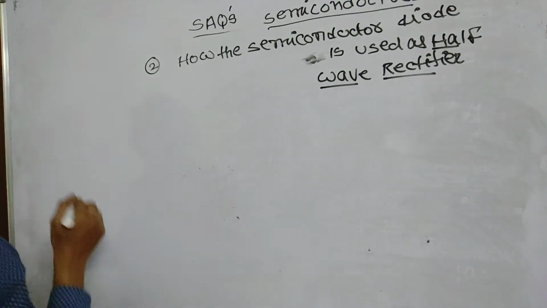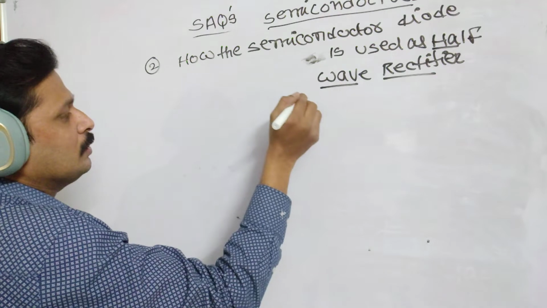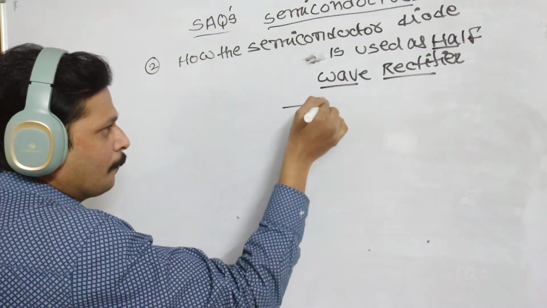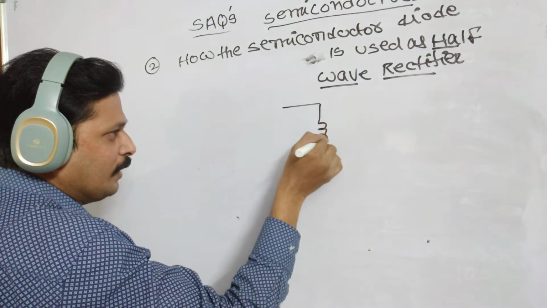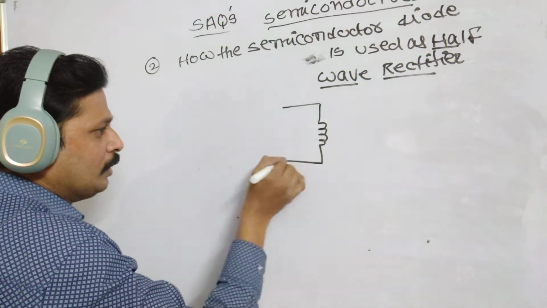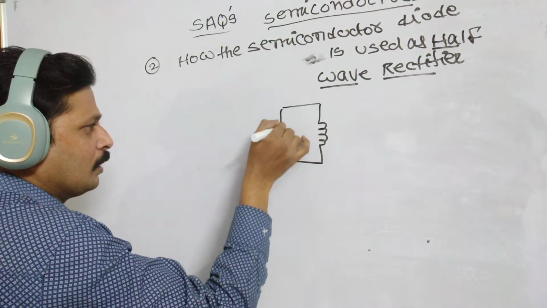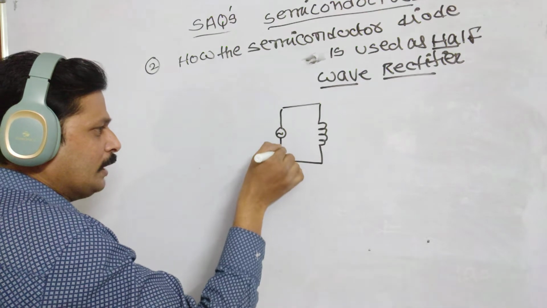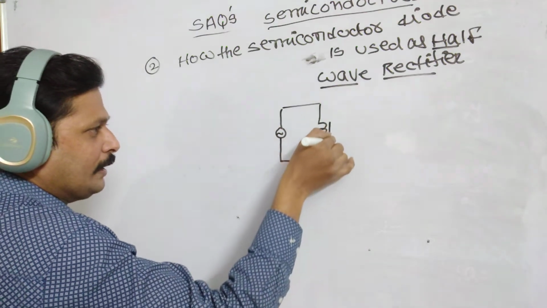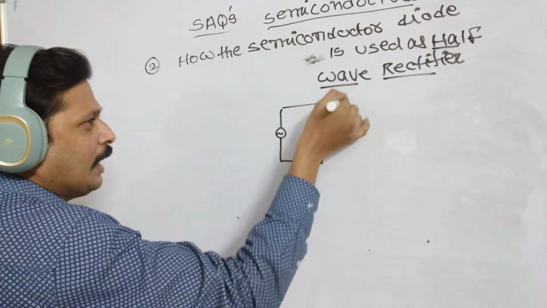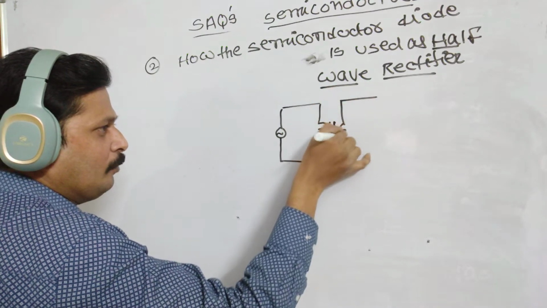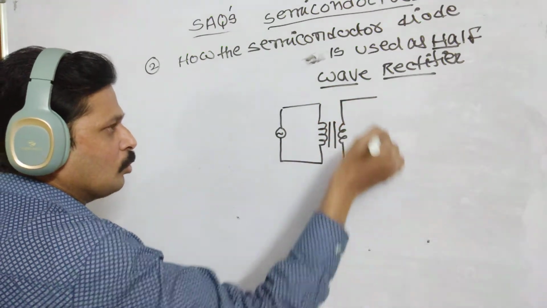Now here, the first thing is you draw the diagram, because in physics diagrams are very important. Whatever question comes in the exam, the first step is to draw the diagram. Even without writing the answer, if you draw the diagram properly, you score some of the marks.